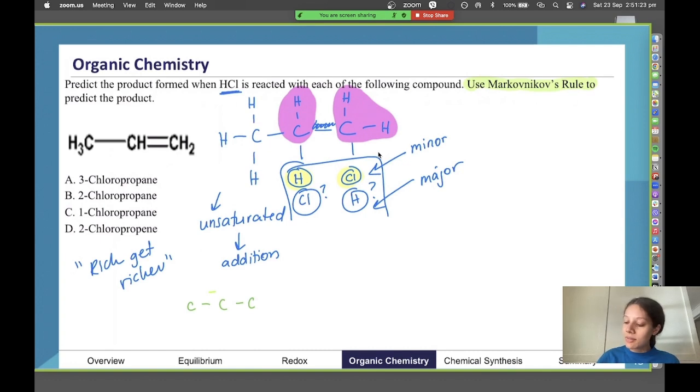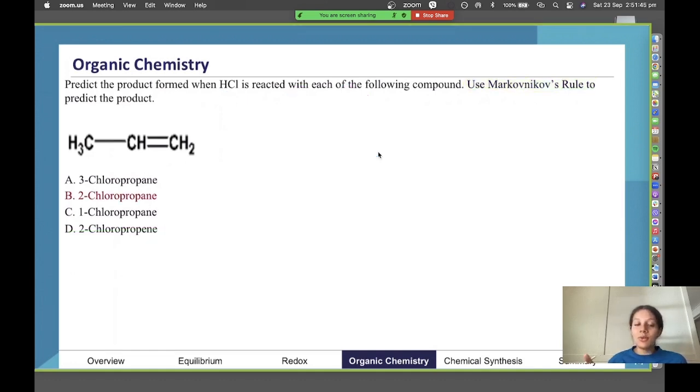And like we said, major means the hydrogen will go here, and the chlorine goes in the middle there. So that means we have a chloropropane, so we can rule out the propene one. And it's on the second carbon. So that means our correct answer is 2-chloropropane as the product being formed there.